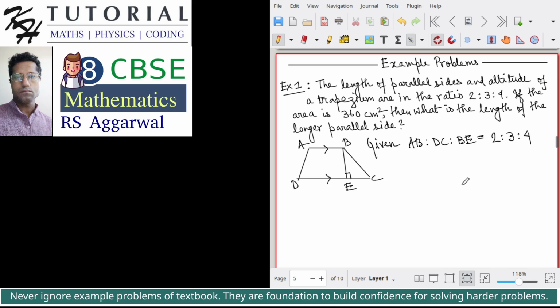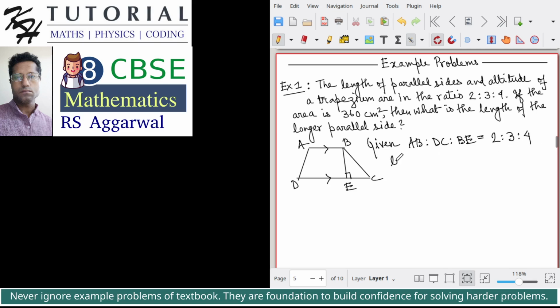2:3:4. This is given. So we know that when we solve problems of ratio and proportion, if the ratio of some quantities is given and we need to find the value of those quantities, we assume the values of those quantities as a multiple of x based on each part of the ratio.